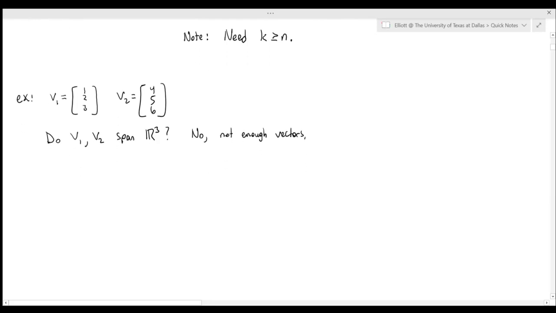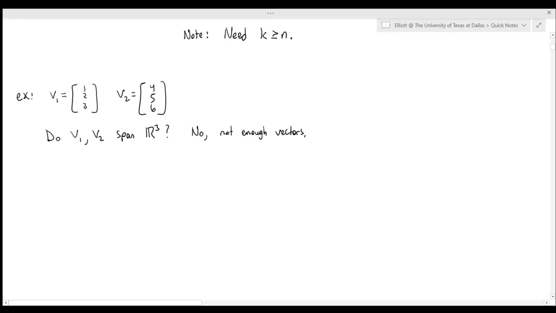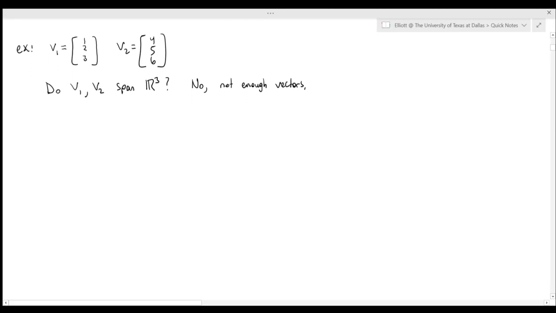And this is something that you've already done earlier in this semester. Because the idea here is you only have two vectors, so geometrically, we know that v1, v2 would span at most a plane in R3, but they wouldn't be able to span all of R3 because they wouldn't be able to fill up all 3 dimensions.